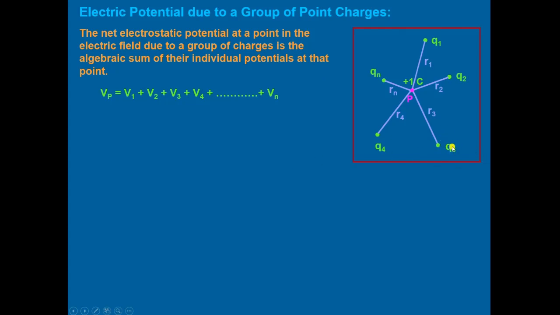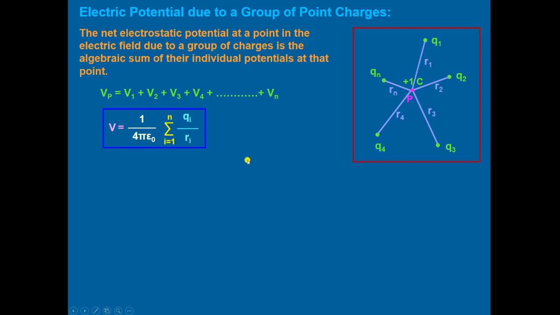If these charges have the individual potentials V1, V2, V3, V4, etc., then the total potential at this position P will be equal to the summation of the individual potentials V1 plus V2 plus V3 plus V4 plus and so on up to Vn. Then after summing up, V will be equal to 1 upon 4 pi epsilon naught summation i equals 1 to n Qi upon Ri.